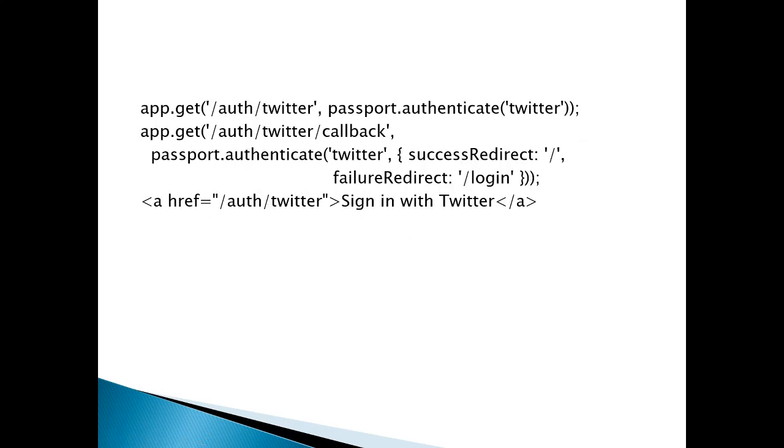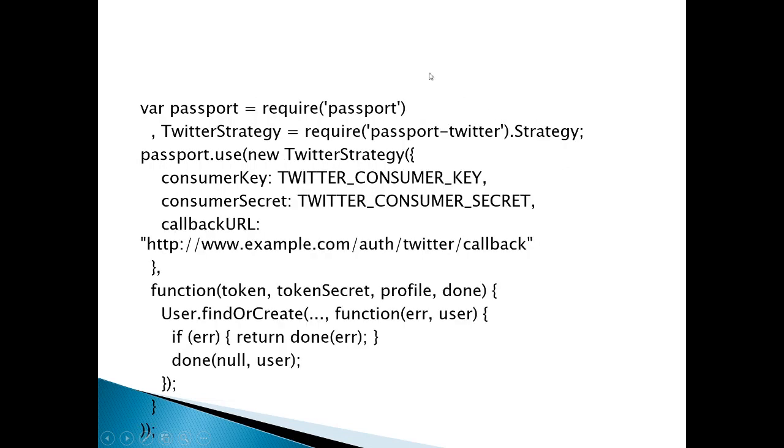So what we are doing here: app.get('/auth/twitter', passport.authenticate). This is our first route. Whenever a user, for example, clicks on sign in using Twitter, it will call this URL, auth/twitter. Auth/twitter will call passport.authenticate with the Twitter strategy, which we implemented in our last slide.